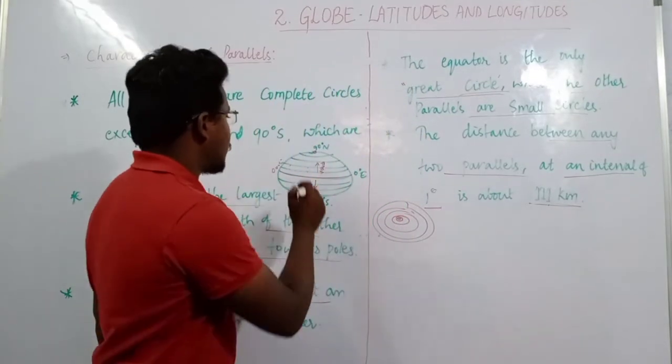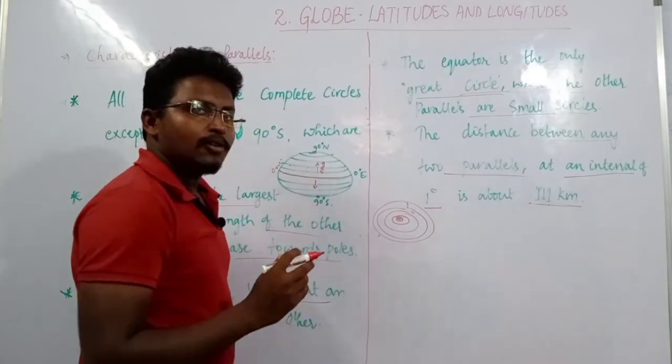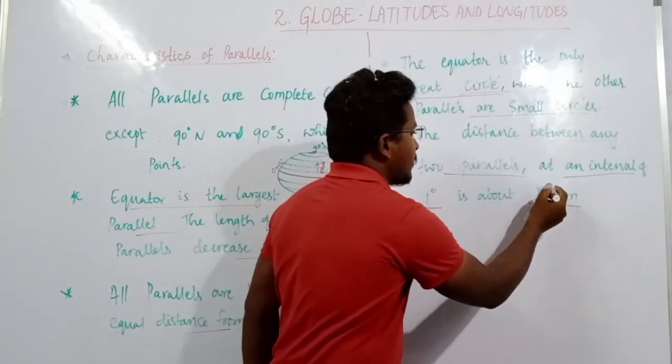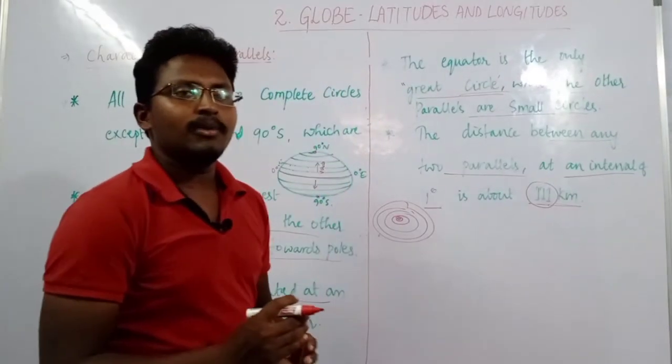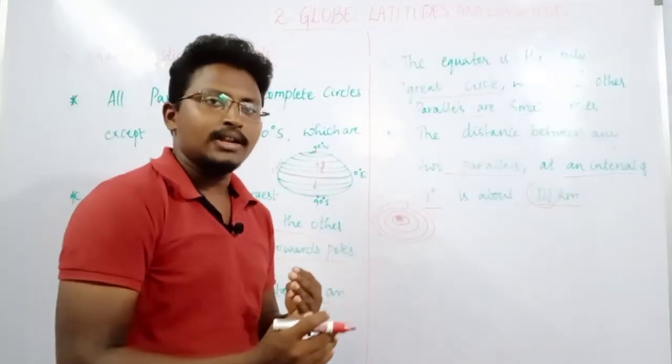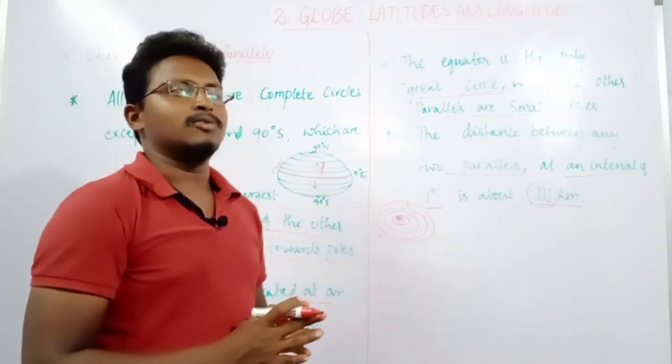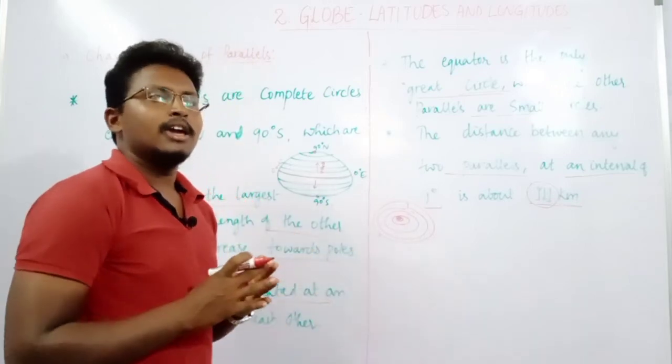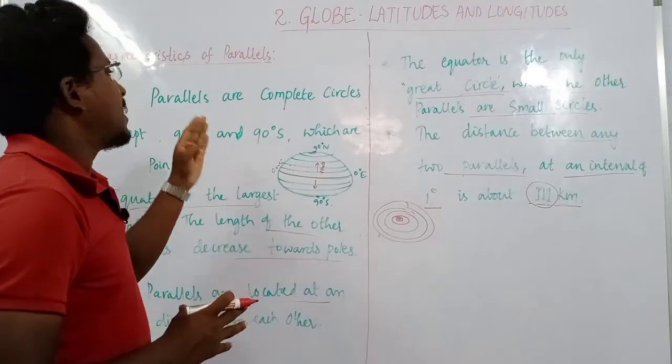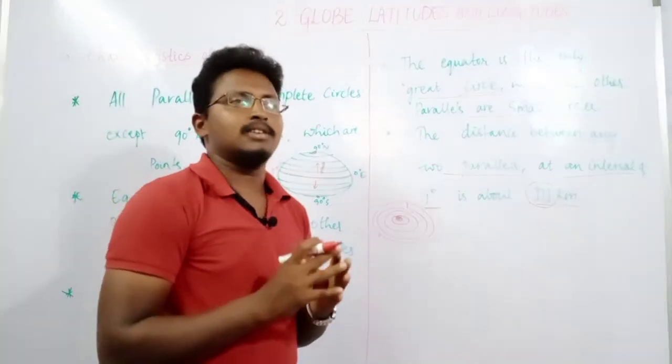That means suppose you are traveling from here to here, when you cross 111 kilometers, automatically you are changing from one degree to another degree latitude. So these are some of the important characteristics of these latitudes.